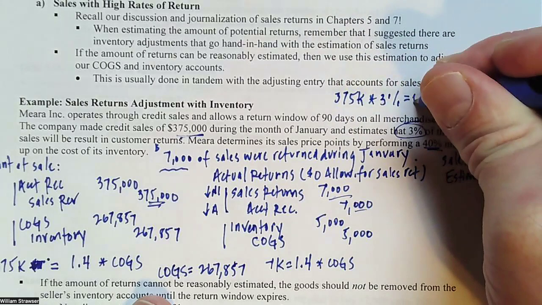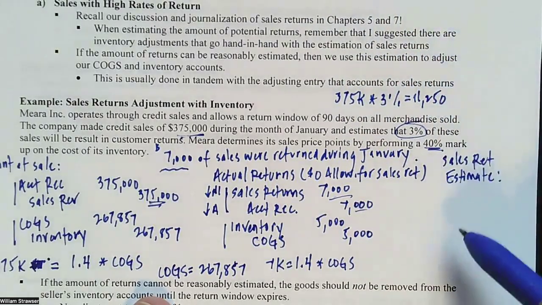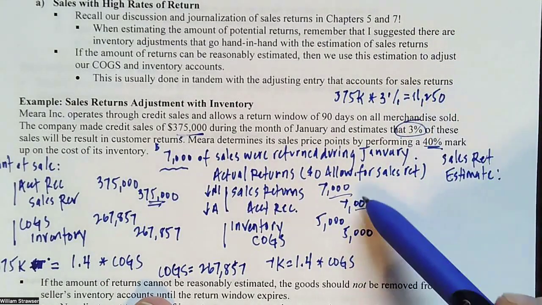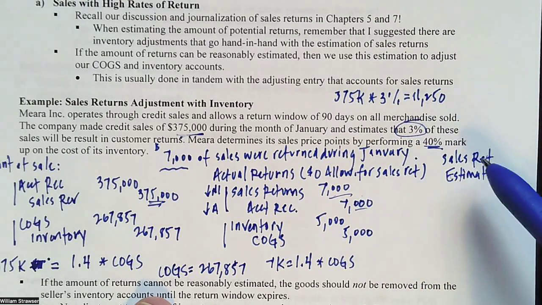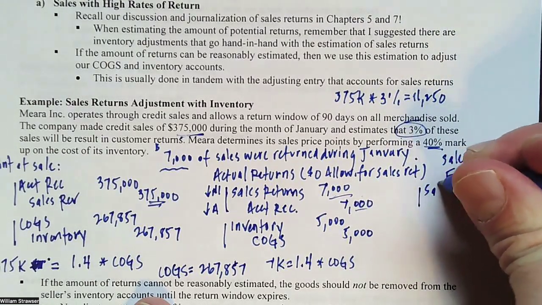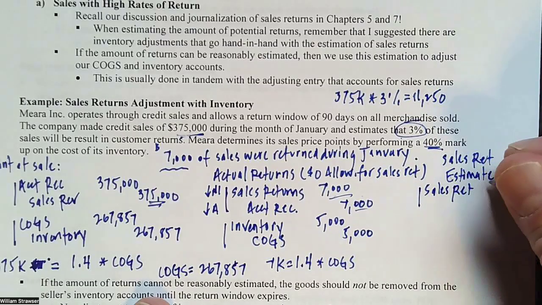And that gives me $11,250. Did I have $11,250 of returns? No, I didn't. I only had 7,000. And so I'm anticipating that another 4,250 are going to come back as returns. So that's when I have to make this additional adjusting entry.